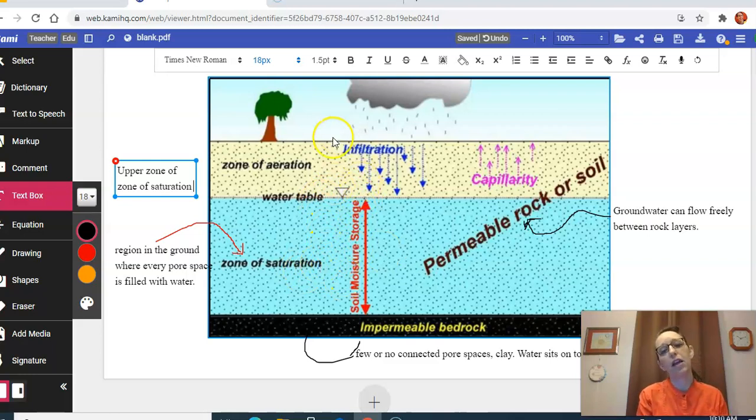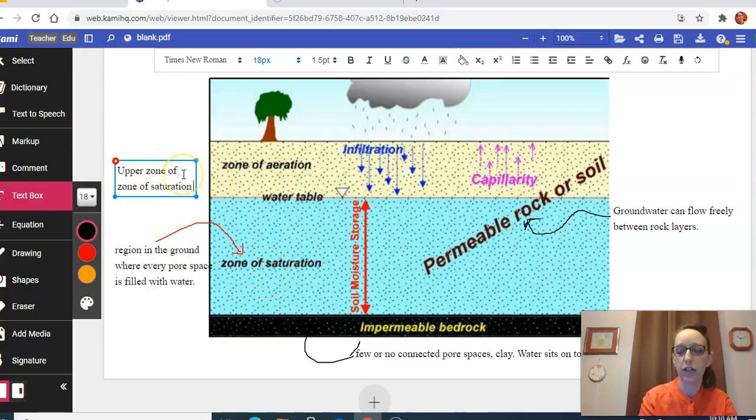And so that means that our zone of aeration will become larger because our water table has moved during the drought, and our zone of saturation will become smaller. So water table, upper zone of saturation, moves up or down depending on rain.